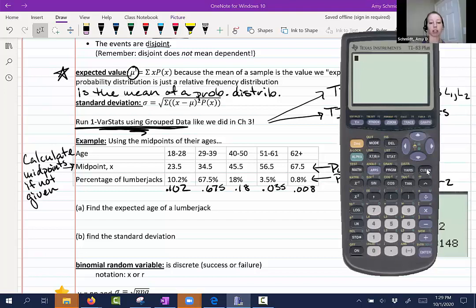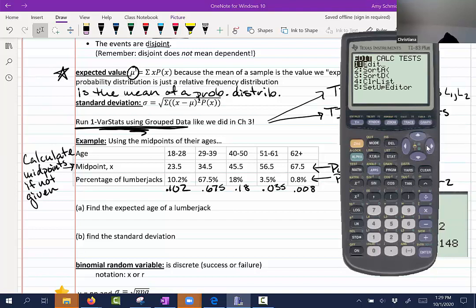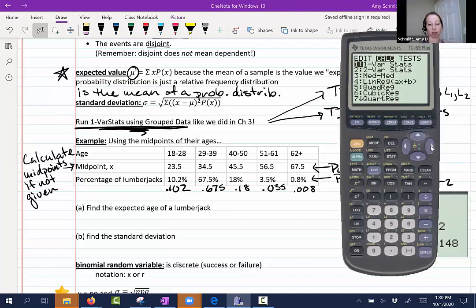Okay, tell you what, press clear a couple of times so that your screen goes completely blank. Okay, and let's do it one more time. Stat, go right to calc, press enter. Now do you have the same thing on your screen that I do? Yes.